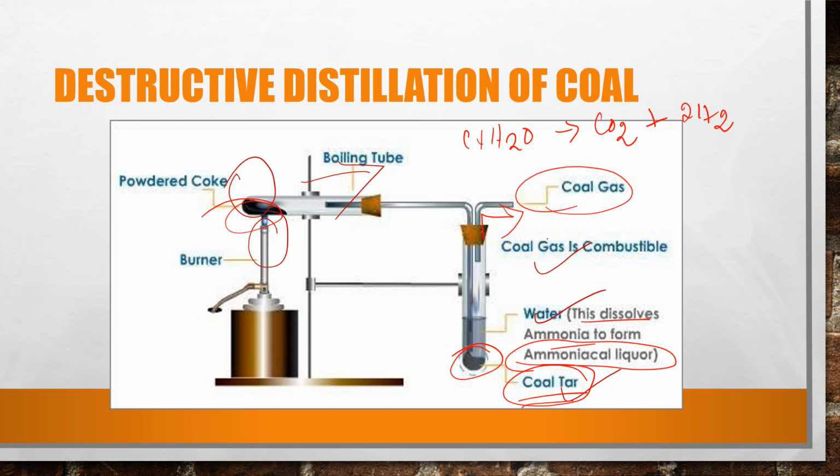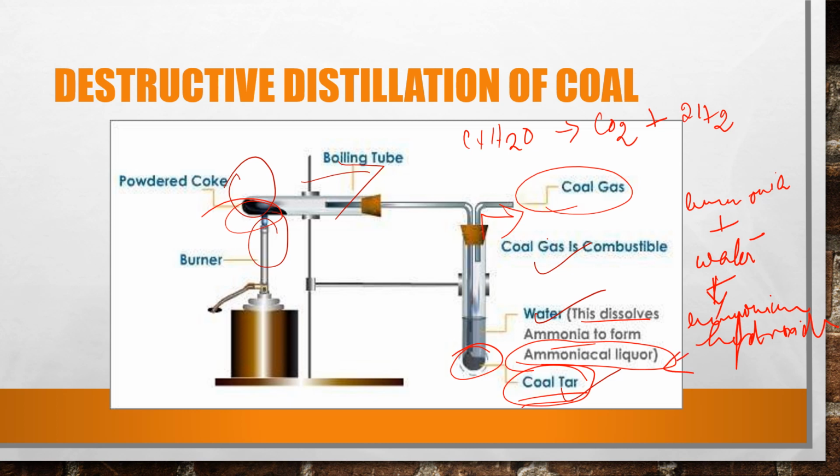So ammonia, when dissolved in water in the form of ammonium hydroxide solution, is called the ammoniacal liquor. So this is called ammoniacal liquor.